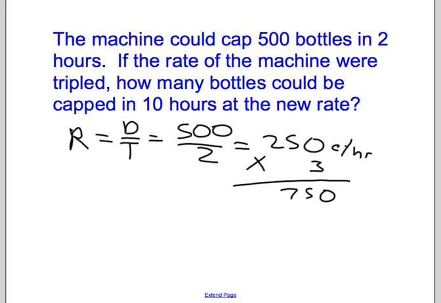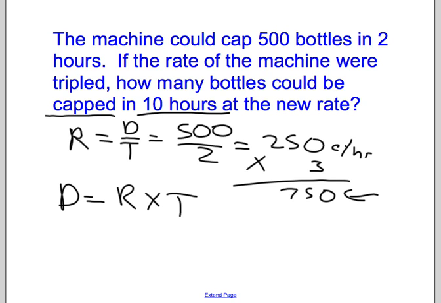How many bottles could be capped in 10 hours? This is time. This is the rate that we'll be capping in that time. We're looking for how many could be capped. We're looking for that total. We're looking for distance, or I can't think of a better way to explain it other than we're doing the distance because it's rate times time. Even though it's not a distance, it's how many. It's the amount that we could accomplish.